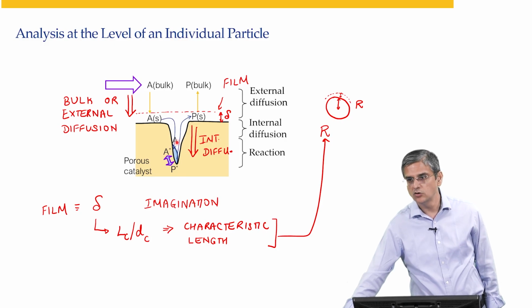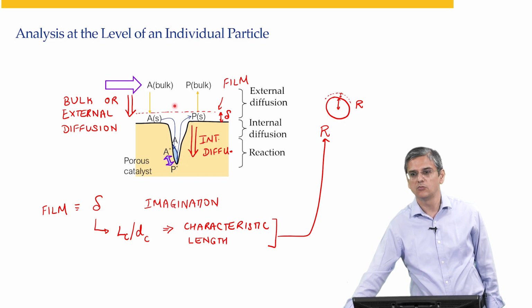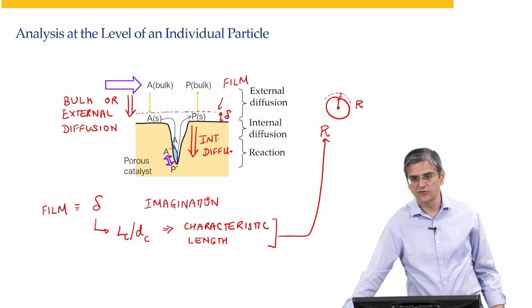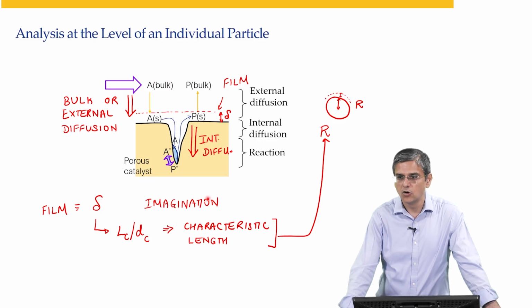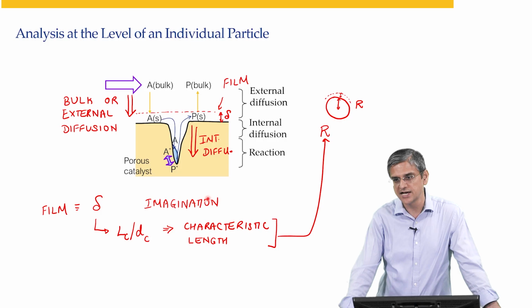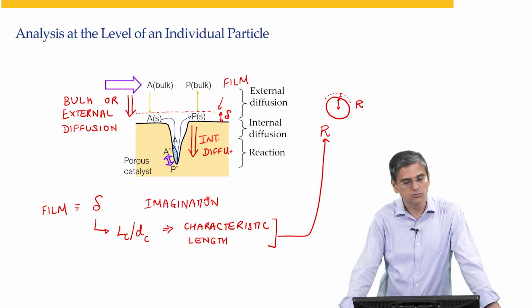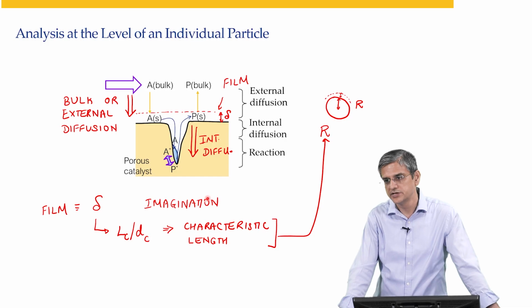How is this all planned? Module 4 starts from the bottom, module 5 goes towards the top, and module 8 goes in the bulk. Module 5 is for gas solid catalytic, module 6 is gas fluid non catalytic, module 7 will be gas liquid reactions or absorption, and then from module 8 onwards we will get back to reactors.